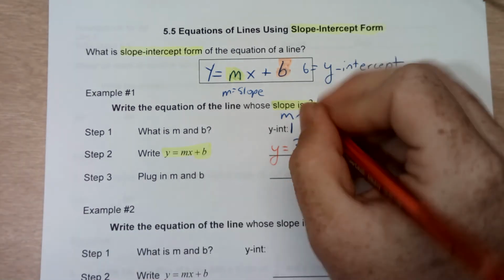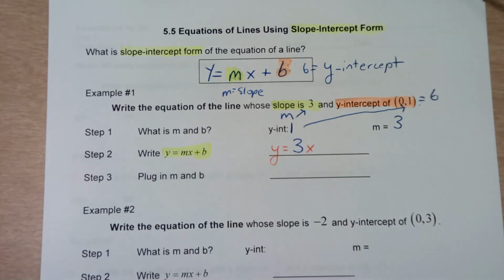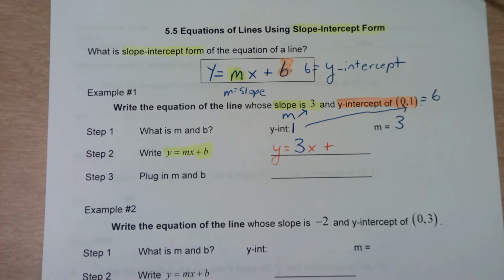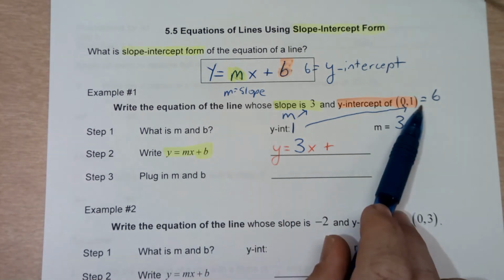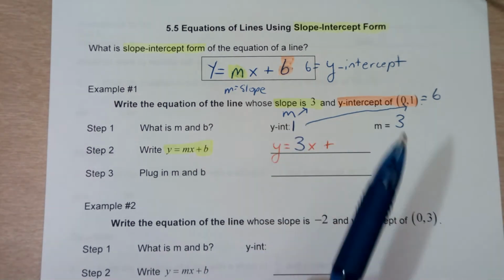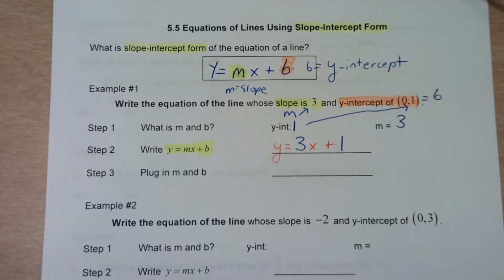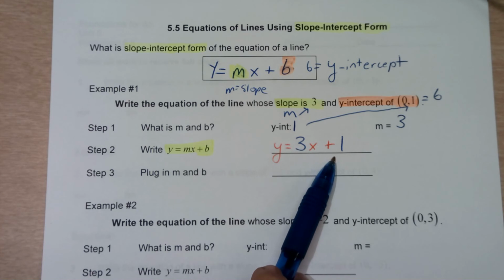I'm going to put it in a different color to show that's what I subbed in. Now I have my m and my x. Now I do plus my b, and I know my b is my y-intercept, which I already labeled up here too, is 1. So my equation is now y equals 3x plus 1.